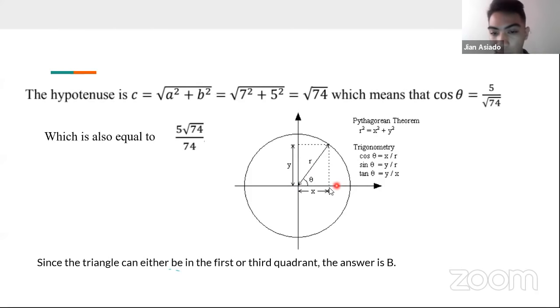Yun yung dun siya nanggaling. So, dito, x over r. Then, si sine naman, y over r din. This one naman, opposite over hypotenuse. So, ito, yung y. That's why it's y over r. And then, si tangent is just sine over cosine, then y over x.